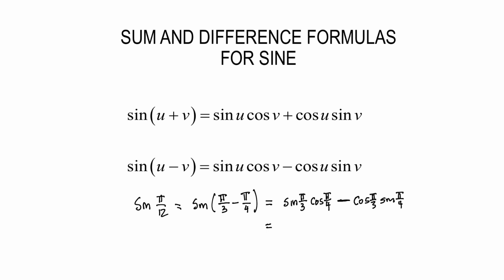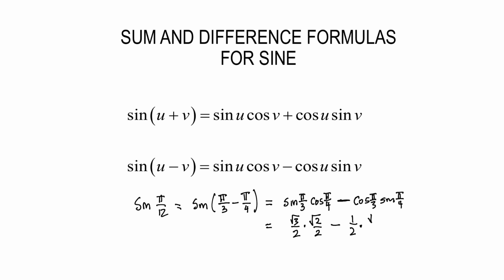Simplifying these out, the sine of 60 degrees is, oh, I'm sorry, I have that backwards, that would be root 3 over 2. The cosine of pi over 4 is square root of 2 over 2. And the cosine of pi over 3, 60 degrees, is 1/2.